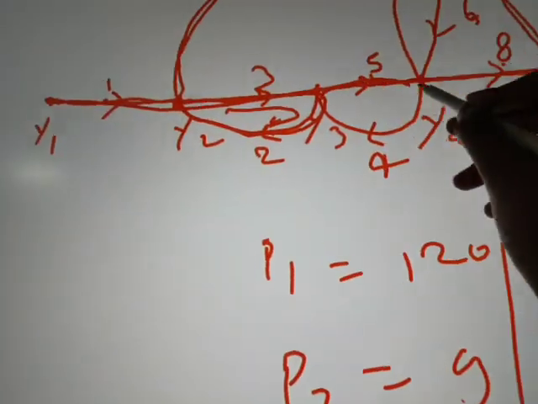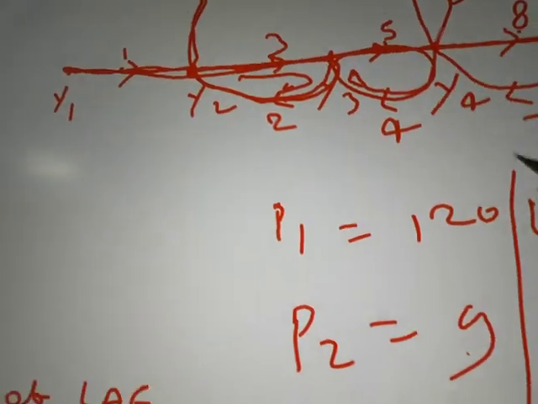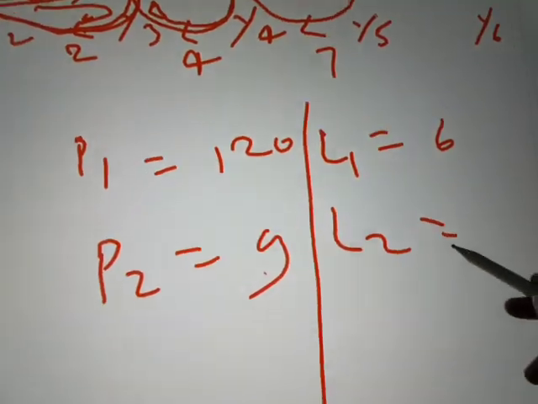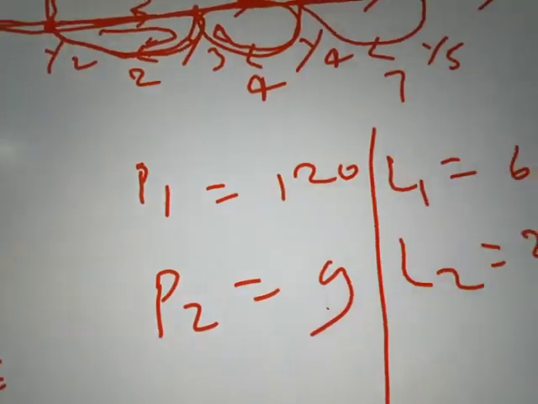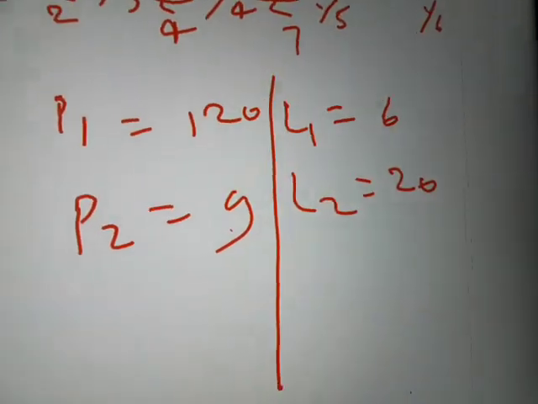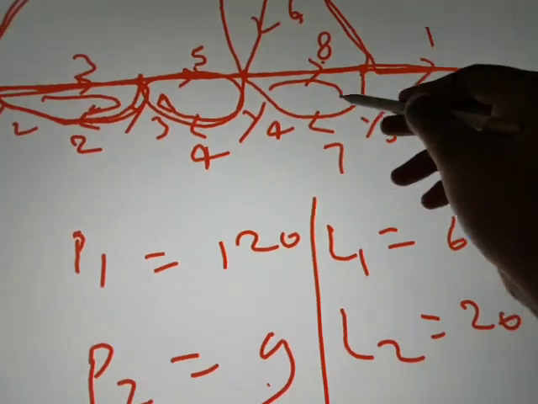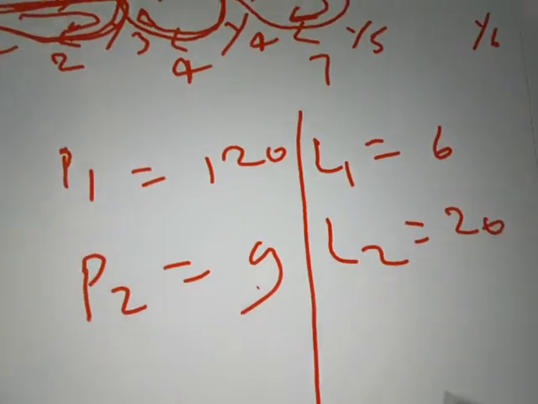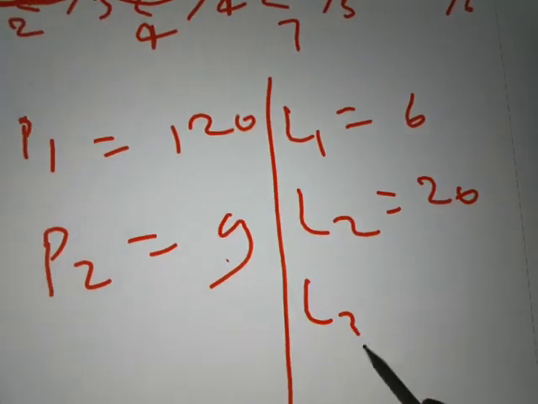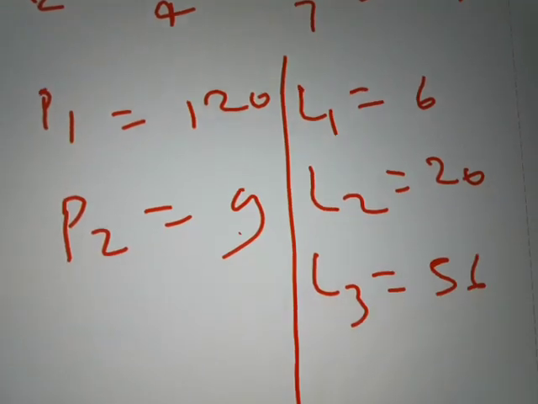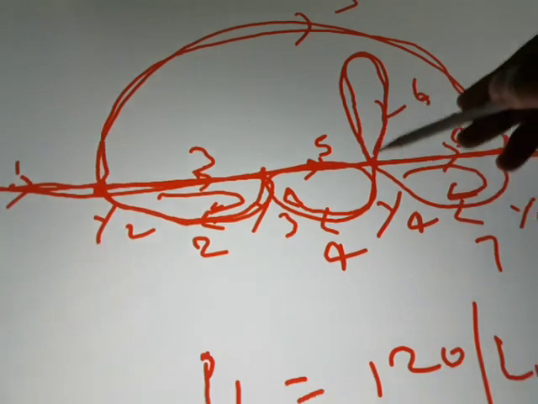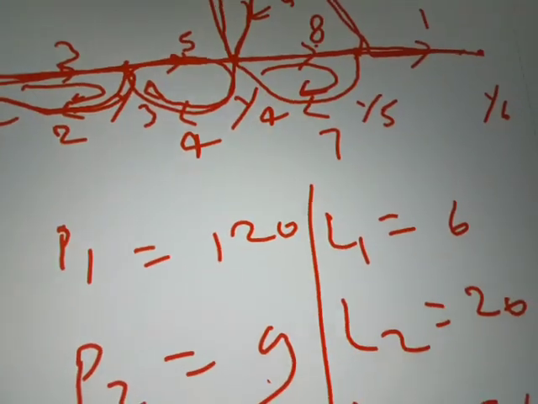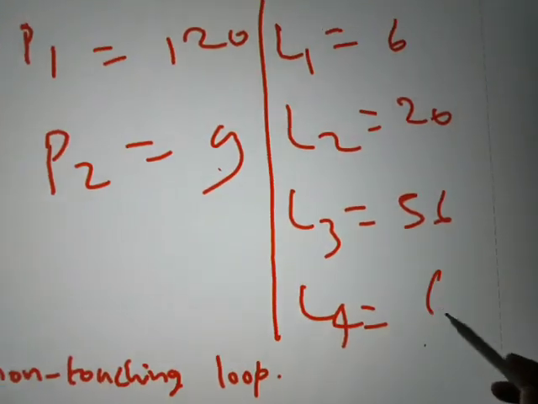For this loop we have loop L2, whose gain will be 5 into 4, so 20. Okay, now for the next loop, 8 and 7, so L3 will be 56. Now for this loop the gain will be only 6, so loop 4 will be 6.